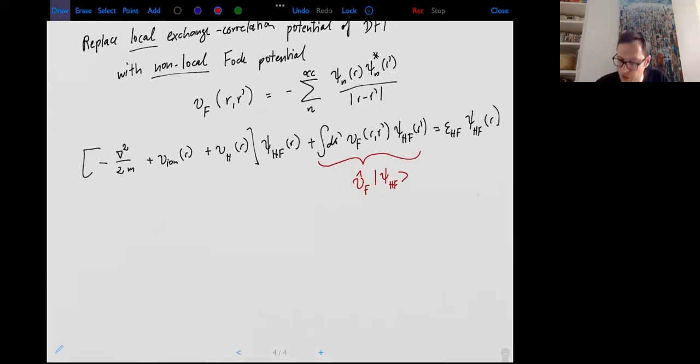Basically, what's often true is that the wave functions are quite similar. So the DFT wave functions and the Hartree-Fock wave functions often look quite similar.